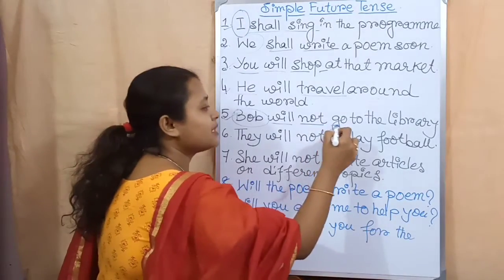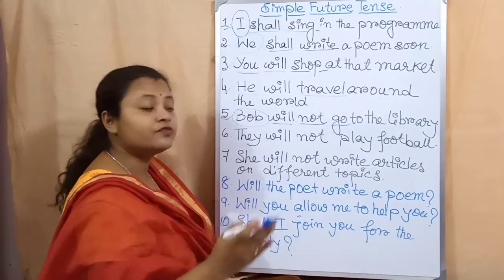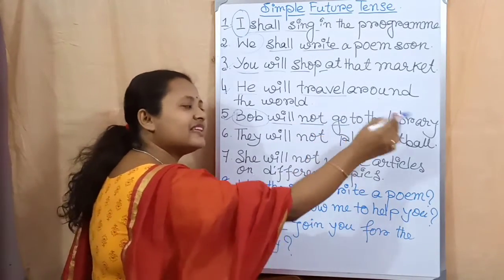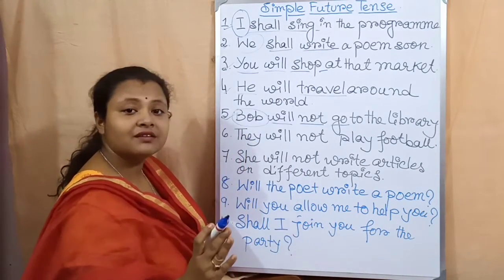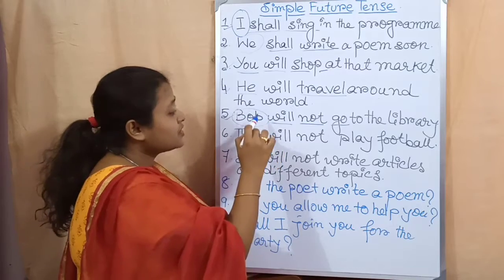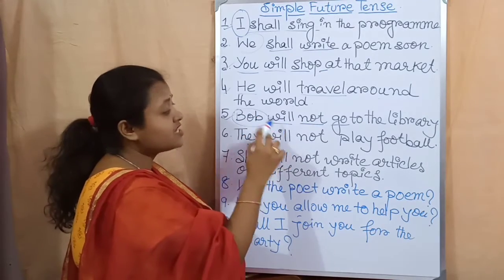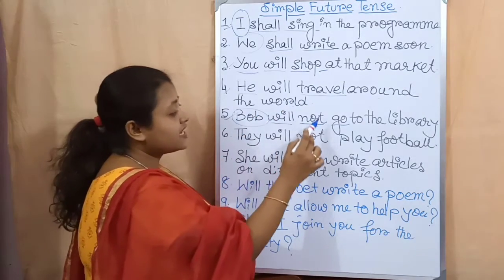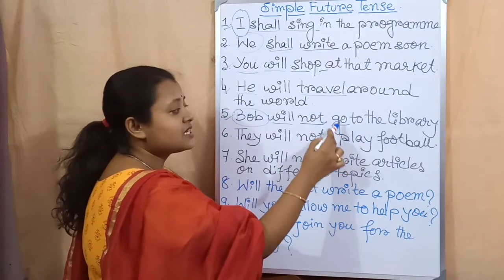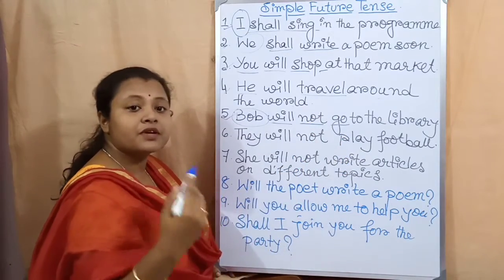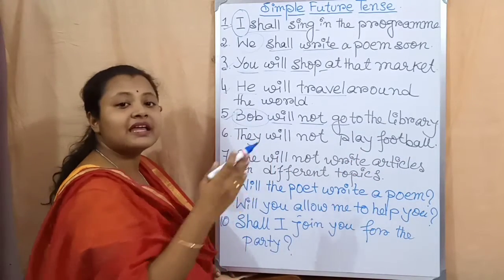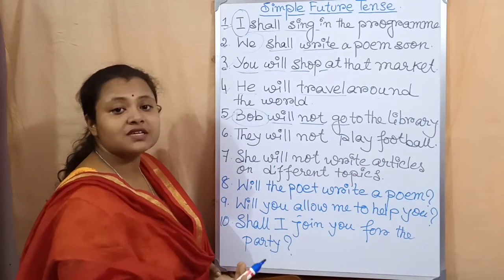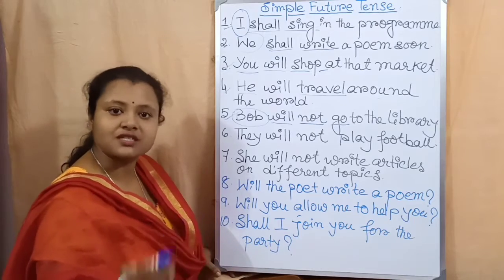After that the present form of the main verb, that is go, then the rest of the sentence. Again, Bob is the third person, after the third person we write will, then not, then go. This is an example of a negative sentence in simple future tense.